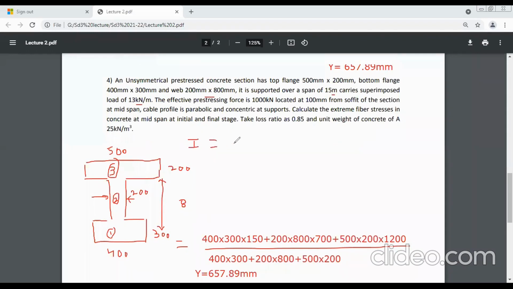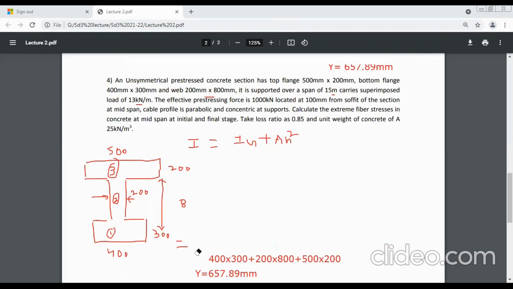Here we apply the law of parallel axis: Ig plus AH square. So now you apply the parallel axis theorem here.